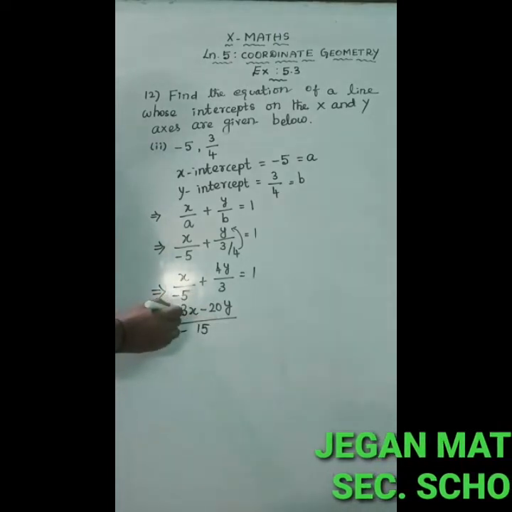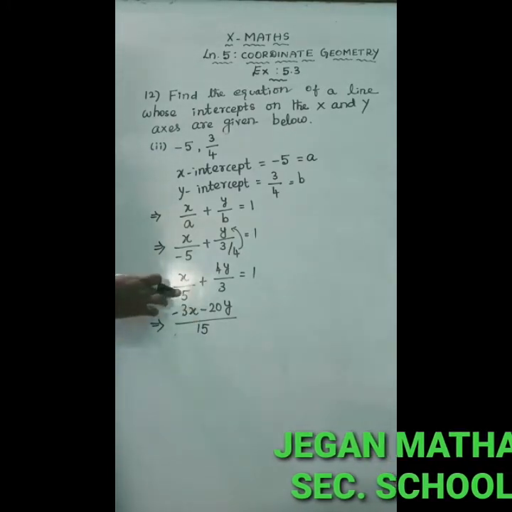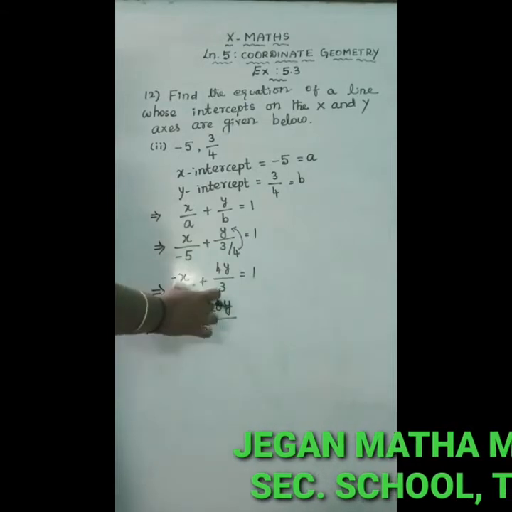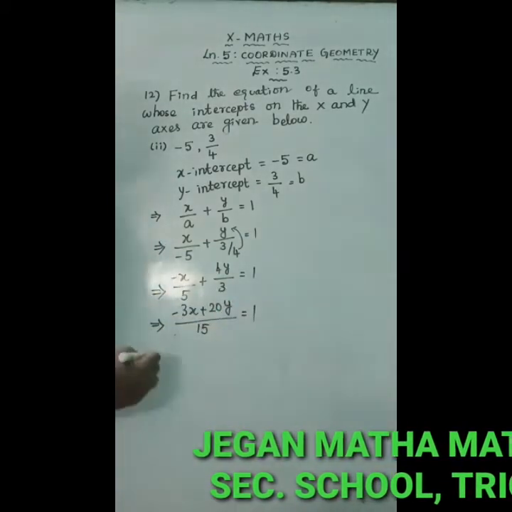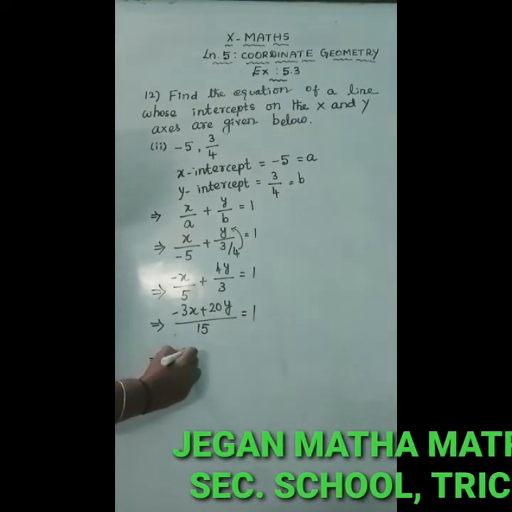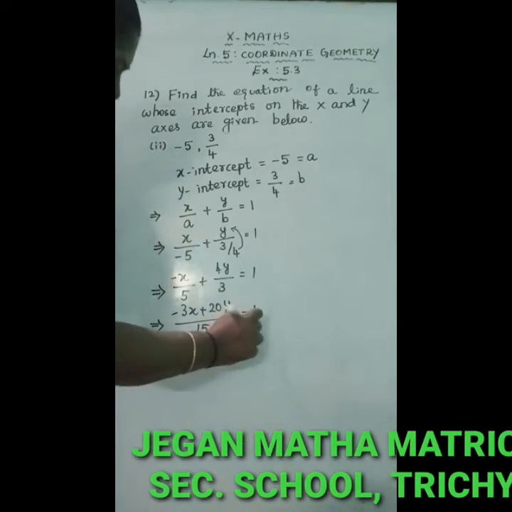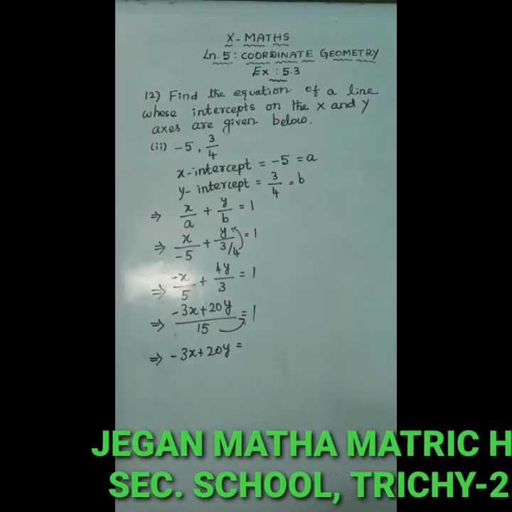So, minus 3x plus 20y is equal to 15, 1 into 15 we have 15.